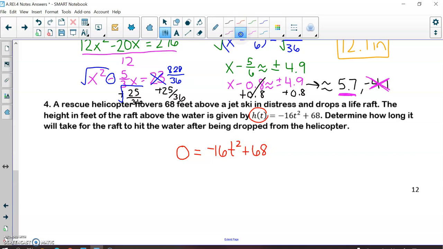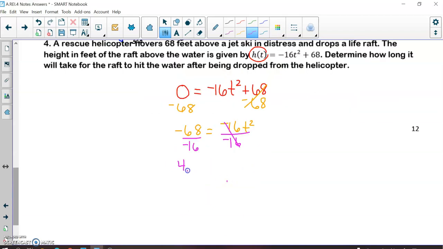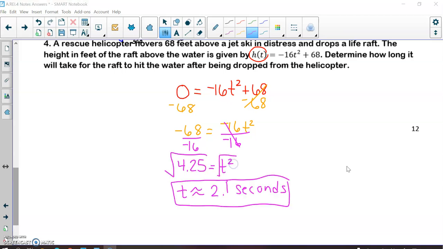Now on this quadratic equation, my b value is 0, so I'm going to use the square root method by first subtracting 68 over, then dividing by negative 16 on both sides, then taking the square root, I only use the positive version because time can't be negative.